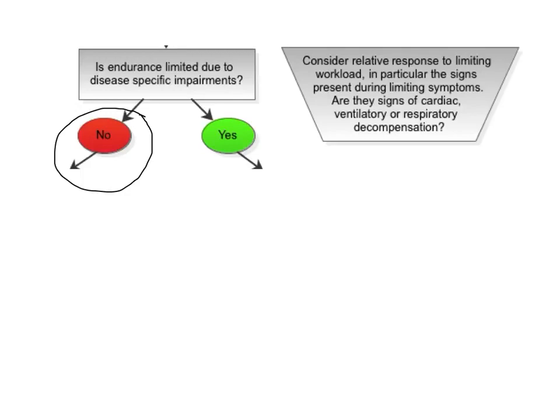But now we're here to talk about what are the clues that there is a disease-specific impairment limiting someone's endurance. Now, the first thing to say is that having heart failure alone does not mean that this is true.